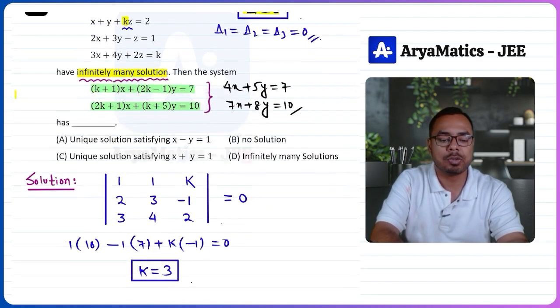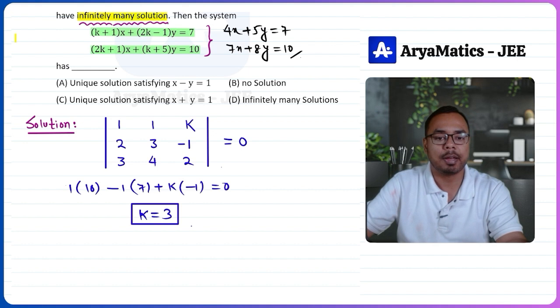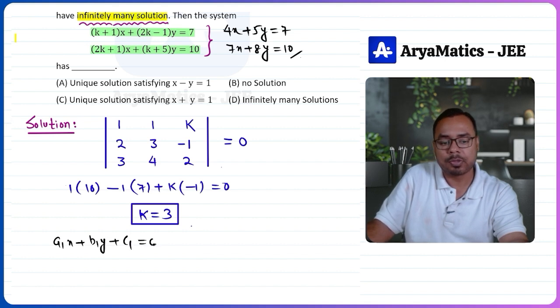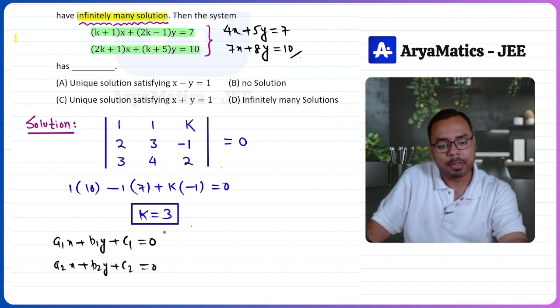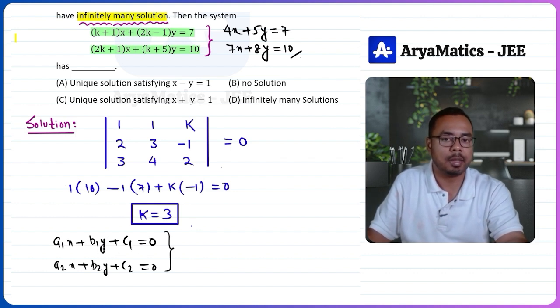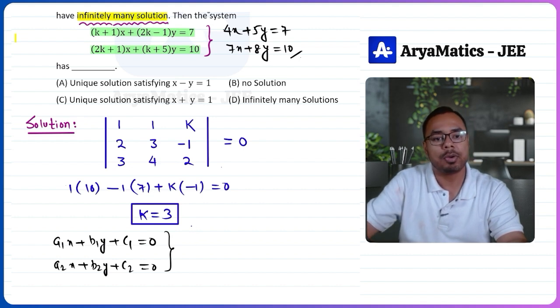Now for two equations, two unknowns, we know the condition. If we have the system a1x plus b1y plus c1 equals 0, and another a2x plus b2y plus c2 equals 0, these are nothing but equations of a straight line in 2D, right? A linear equation in x and y represents a straight line in 2D.